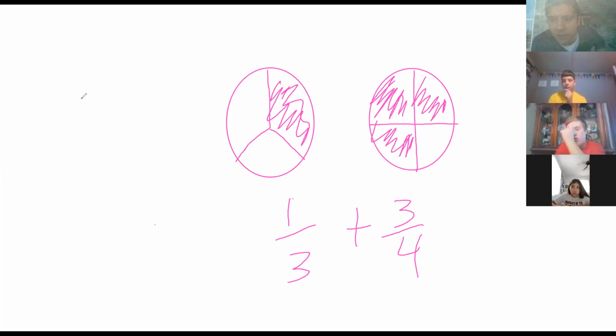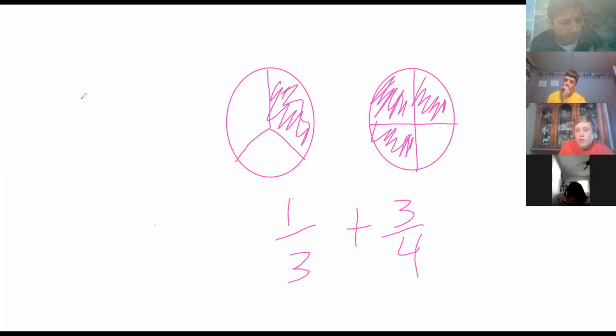Wouldn't it equal a whole? Technically, I guess it would. But pay attention to the slices. Which one of the circles has the bigger slices? The 4.